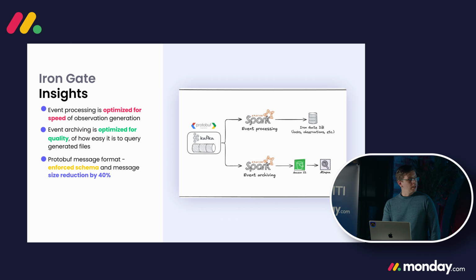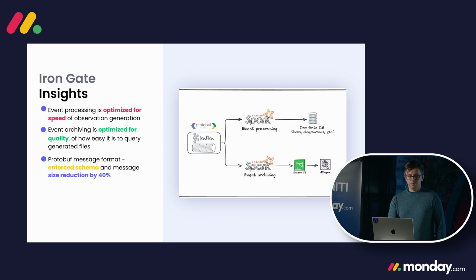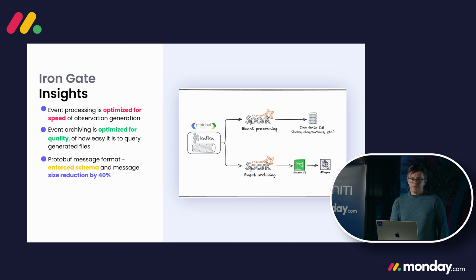This flow has slightly different priorities, so it might work much slower. It might take minutes or even hours to process the data. But what we care about is the output. We want to create Parquet files that are optimized for future reads, so whenever we decide to fetch some data, it should happen fast.